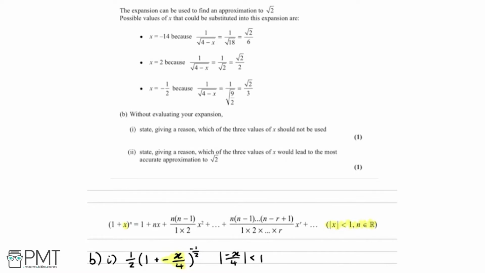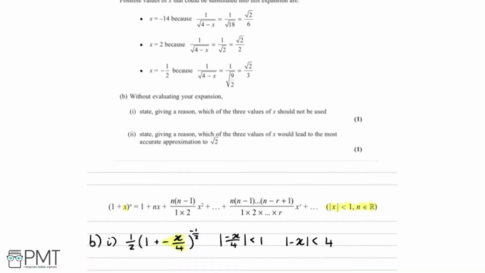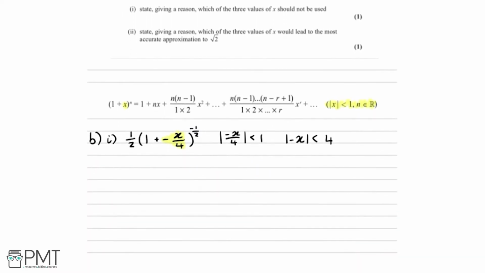So in our expansion here, essentially this is acting as the x value. So the modulus of minus x over 4 has to be less than 1. Okay, so if we multiply both sides of the inequality by 4, we get the modulus of minus x is less than 4. However, because it's a modulus, we can ignore the minus here because the modulus sort of gets rid of that. So the modulus of x has to be less than 4 for this expansion to be valid.